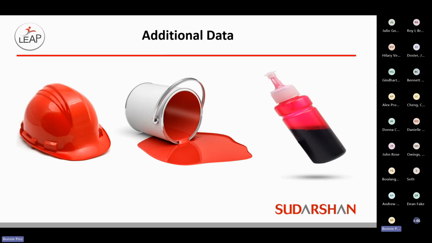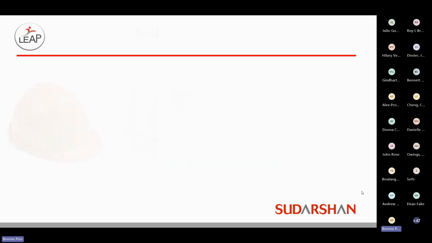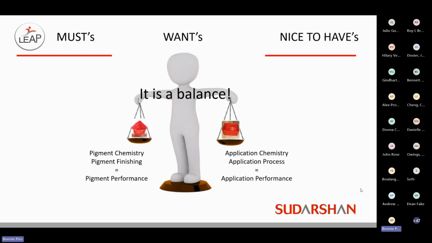So as I mentioned earlier, there's other data that I did not include in the presentation itself, but that can be found at the end of the presentation. So I wanted to make sure that you had the full picture for this webinar. And with that, I'd like to reiterate that it's always going to be a balance when you're selecting a pigment for your formulation.